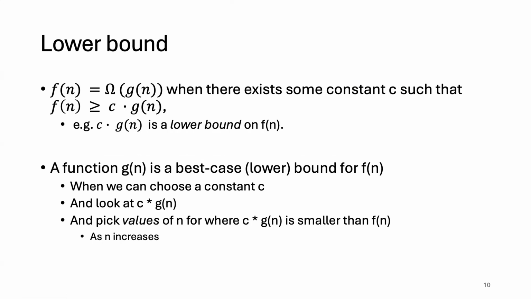So it's looking for a best case lower bound when we can choose some constant c. First, we need to find what g of n is. Then we choose some constant c, look at those multiplied together, and then pick values of n as n increases and ask, is this going to be smaller than our original function? Once we found a function like that, then we say that g of n is a lower bound.